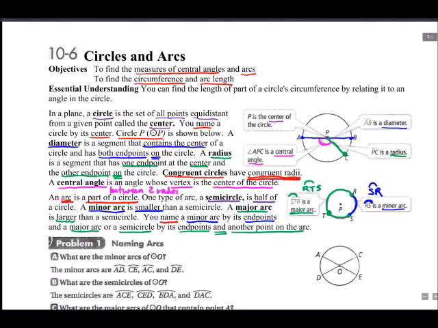So that's where point T comes in here. Our major arc here, the endpoints are R and S, and you pass through T. That's how you know it's a major arc. Major arcs and semicircles get 3 letters, minor arcs get 2.